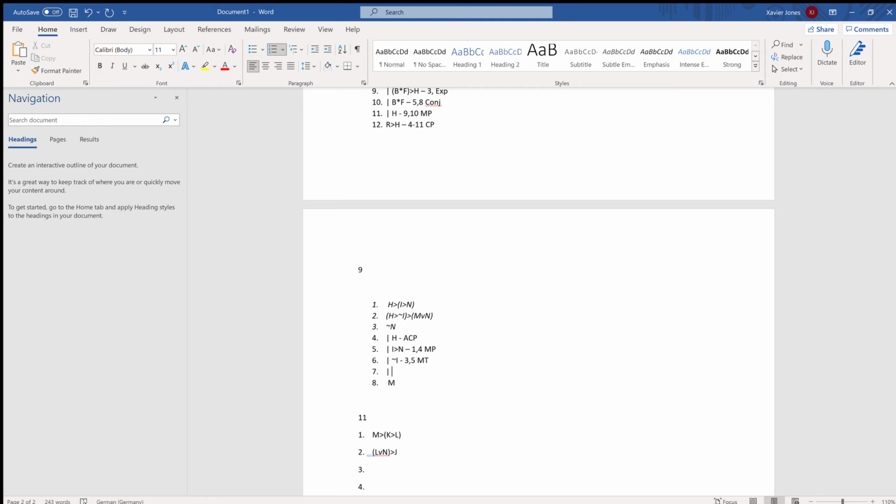Because I was thinking, how are we going to get this? So we got not I using lines 3 and 5, modus tollens. This one's tricky. If H, then not I.